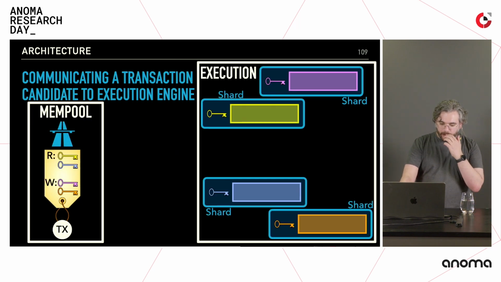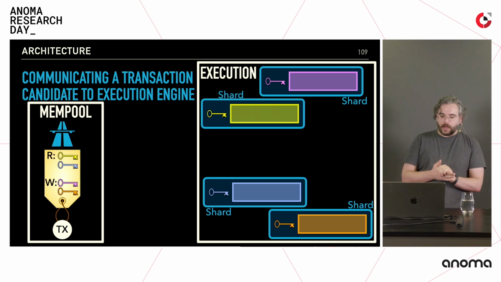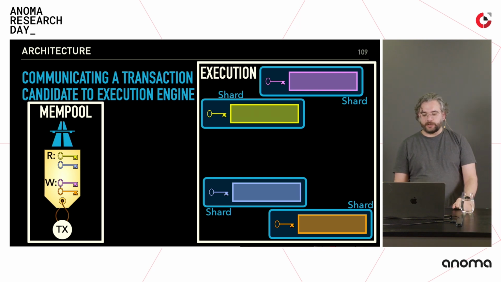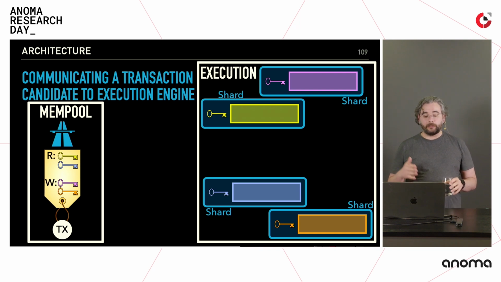So let's imagine that the mempool has stored a transaction candidate, which is labeled. And meanwhile, the execution engine has partitioned its state that it's storing into some processes called shards. Here I've drawn one key per shard, but it could be multiple. And for each key, its shard maintains a multi-version timeline.